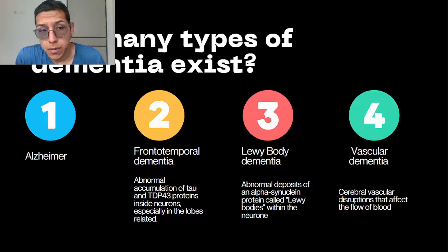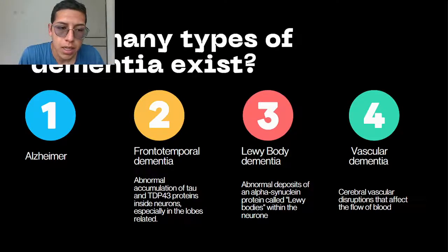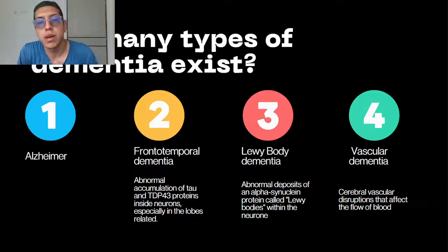Well, how many types of dementia exist? As already said, there are three more types of dementia apart from Alzheimer's. The second type of dementia is the frontotemporal dementia, and the third one is the Lewy body dementia. Both of them are related to the accumulation of proteins in the neurons, for example, in the second case, in specific zones that are the frontal and temporal lobes.